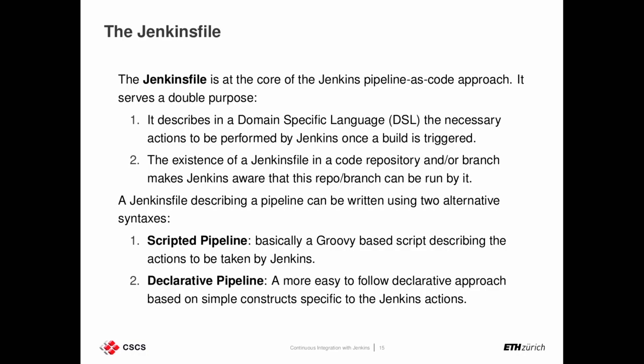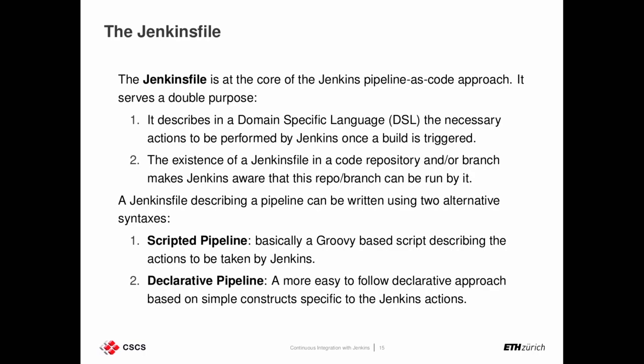First, it describes, in a domain-specific language and with certain steps that Jenkins provides, the necessary actions that will be performed by the Jenkins build when a job is triggered. And second, by having a Jenkinsfile inside your project, it tells Jenkins that this project is a valid Jenkins project which can be tested by Jenkins.